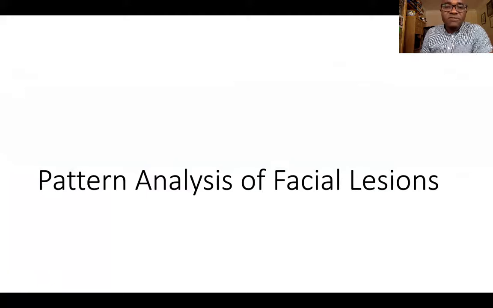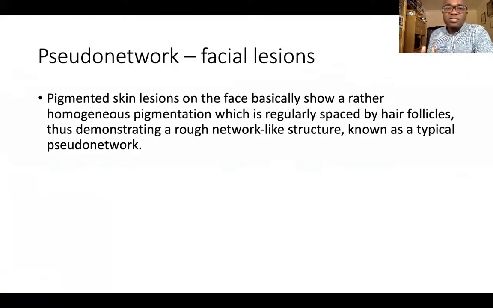And this is quite different from the rest of the body because, as I said in some of my videos in the first series, facial pigmented lesions basically show a rather homogeneous pigmentation, which is regularly spaced by the hair follicles. That demonstrates what we term a pseudo network on the face.